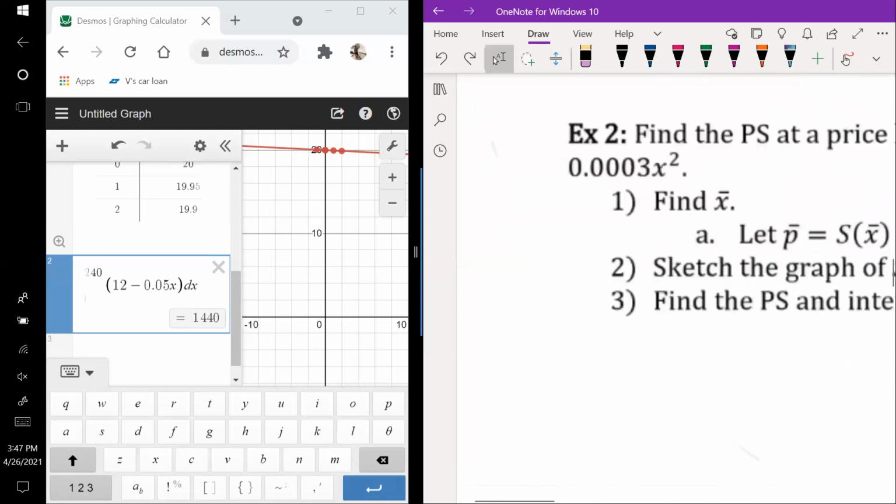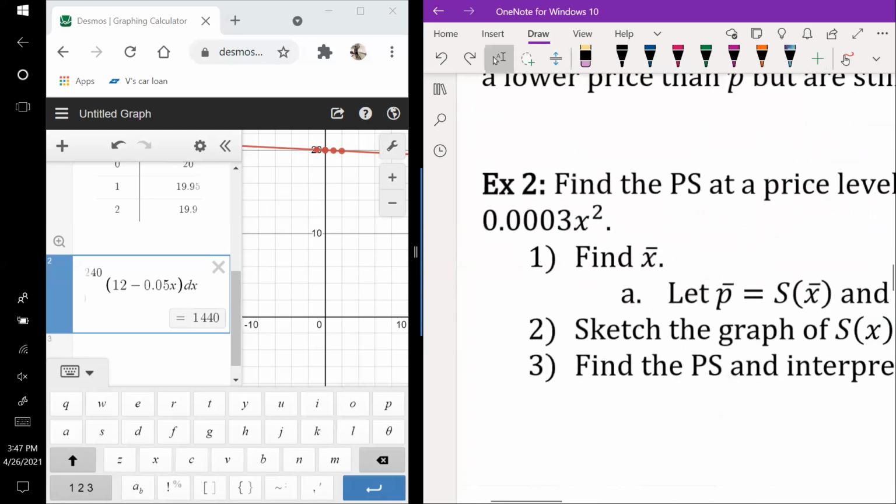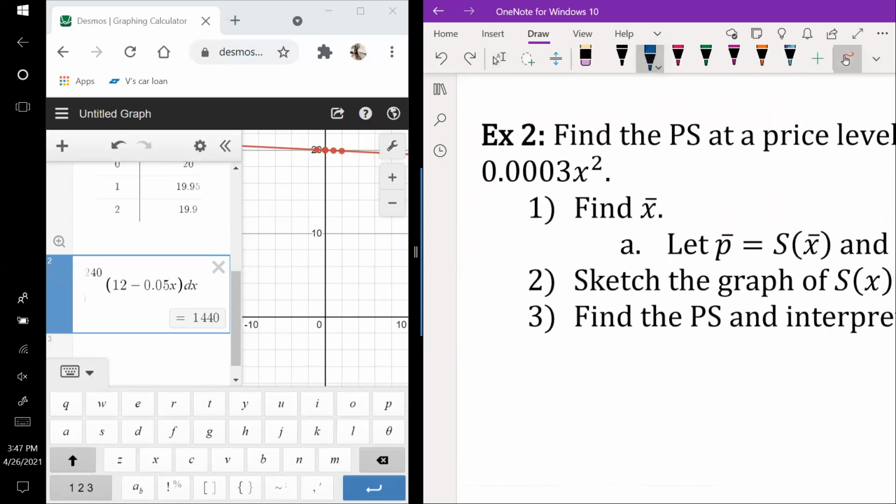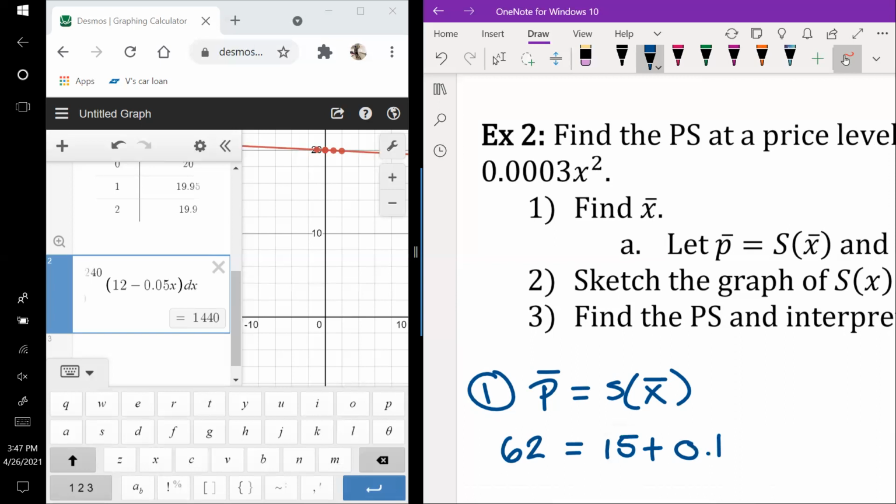So number 1, we let P bar equal S of X bar. And P bar is 62, and S of X bar is 15 plus 0.1 X bar plus 0.0003 X bar squared.